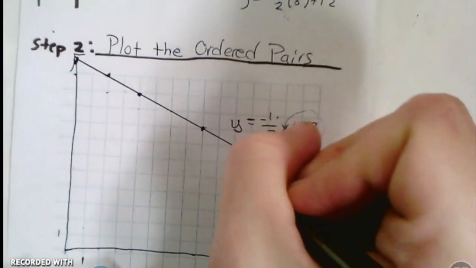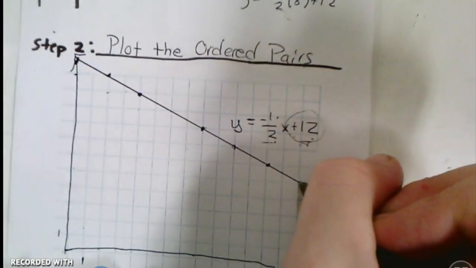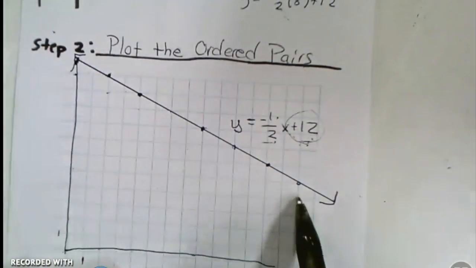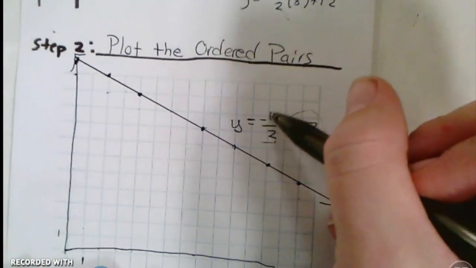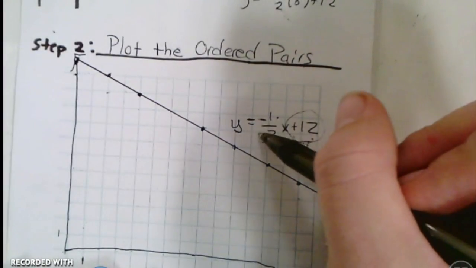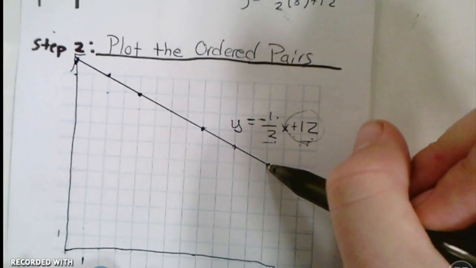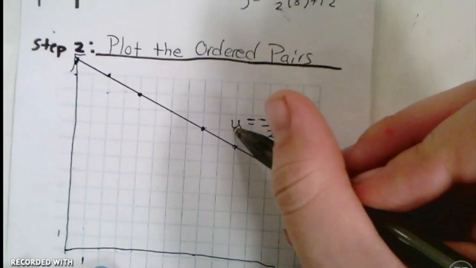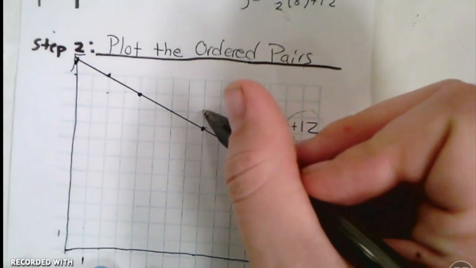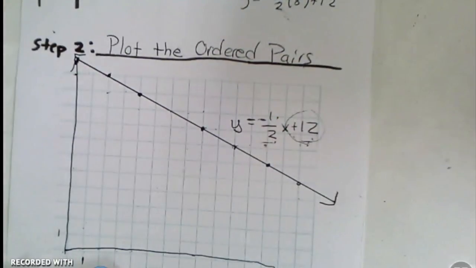I could continue this line all the way across. I can reverse it, and instead of making the -1 up here, if I put my negative down here, I could rise +1 and then run -2. Rise +1, run -2.